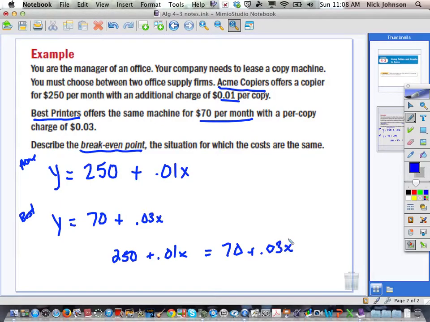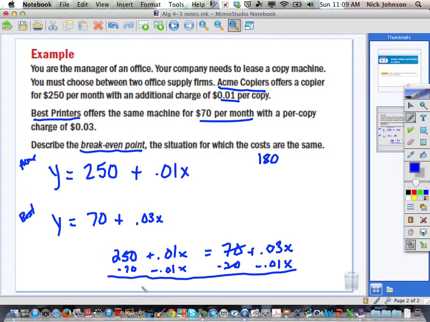Okay? Now, we could use our calculator or we could do this by hand. What I mean by hand is I could simply subtract 70 from both sides. That's going to give me 180, and then I can subtract 0.01x from that side, minus 0.01x. I'm kind of doing two steps at once.